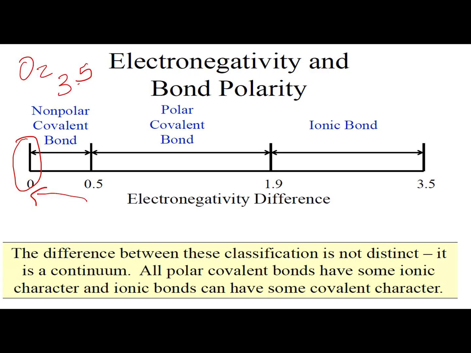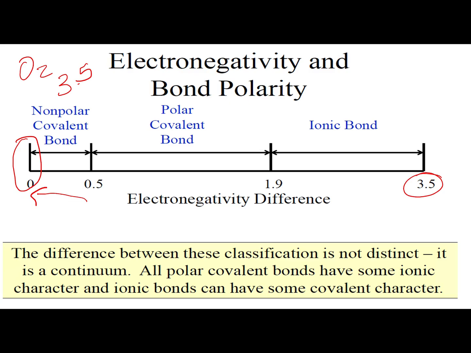So polar covalent means that the electrons are actually going to spend more time around the more electronegative atom. So a polar bond will have a net positive end and a net negative end. A bond is considered to be completely ionic when the electronegativity difference is 3.5. Electrons are not shared in an ionic bond.